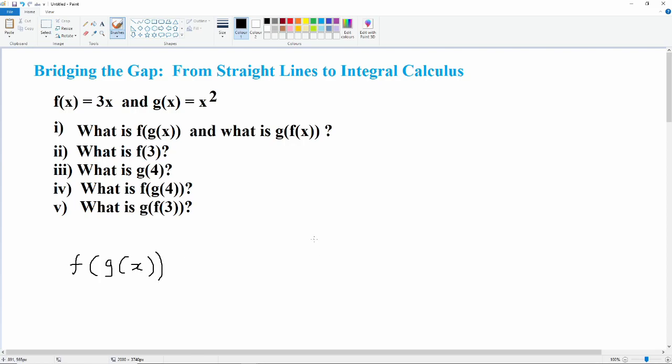So we remember f of x. That x is terrible, but I'm not going to correct it. When you see that, it actually means an x. Okay, so f of x is equal to 3x. That's a much better x. And we know our g of x is equal to x squared.